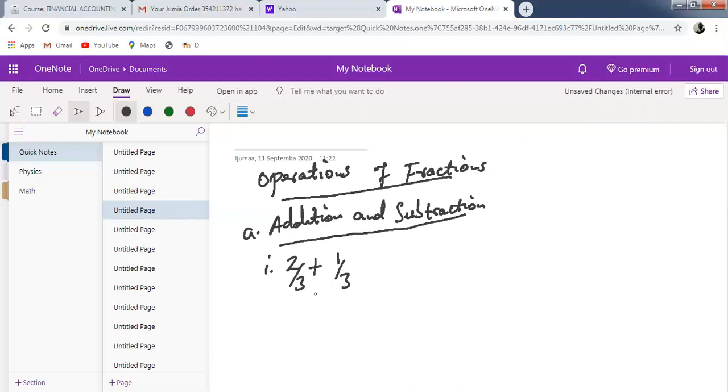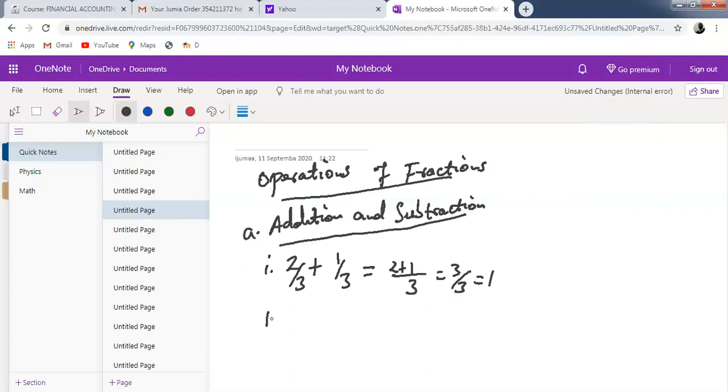When the denominators are the same, you just take one of the denominators to be the denominator of the answer, because the LCM of 3 and 3 is 3. Then we add the numerators, which will be 2 plus 1.